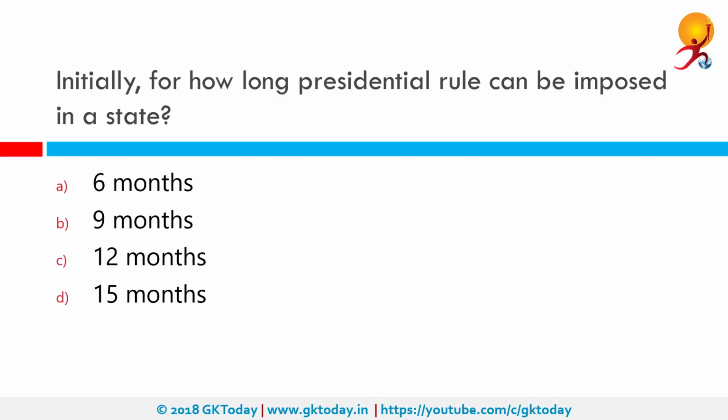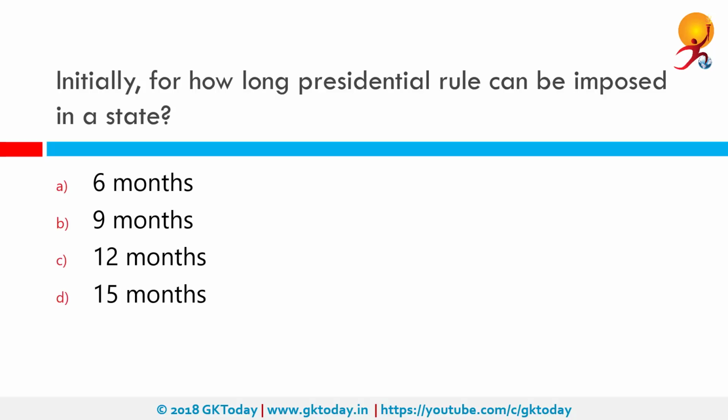Initially, for how long can presidential rule be imposed in a state? If the president is satisfied on receipt of the report from the governor or otherwise that a situation has arisen in which the government in a state cannot be carried on in accordance with the provisions of the constitution, he or she is empowered to proclaim an emergency. The proclamation would have to be approved by the Houses of Parliament in the same manner as in case of a war emergency.